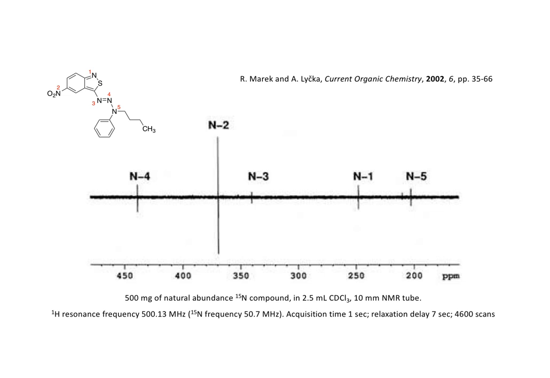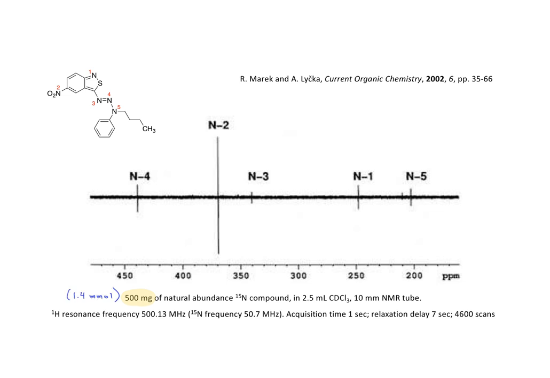This one-dimensional nitrogen-15 spectrum exemplifies what can be done with nitrogen-15 NMR spectroscopy, but also its limitations. At natural abundance, note that 500 milligrams of the sample are required. That's 1.4 millimoles.